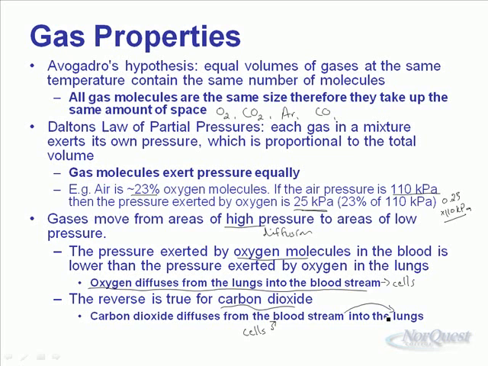It diffuses out to our bloodstream, and from our bloodstream it diffuses out into our lungs and then out into the air, because the pressure of carbon dioxide in air is only about 0.93% in the atmosphere. So there isn't a lot of carbon dioxide in our atmosphere, so it's able to diffuse from our blood into our lungs, and then when we breathe it out, it diffuses out into the atmosphere around us.